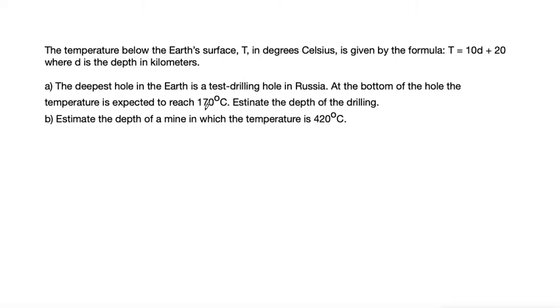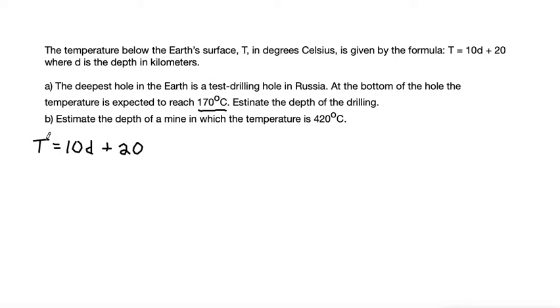So essentially in this problem, they're giving us the temperature in degrees Celsius. So the temperature in degrees Celsius is represented by a capital T in the formula. So if we write their formula down, that relates the temperature to the depth of drilling, or to the depth below Earth's surface, then this T is the temperature in degrees Celsius.